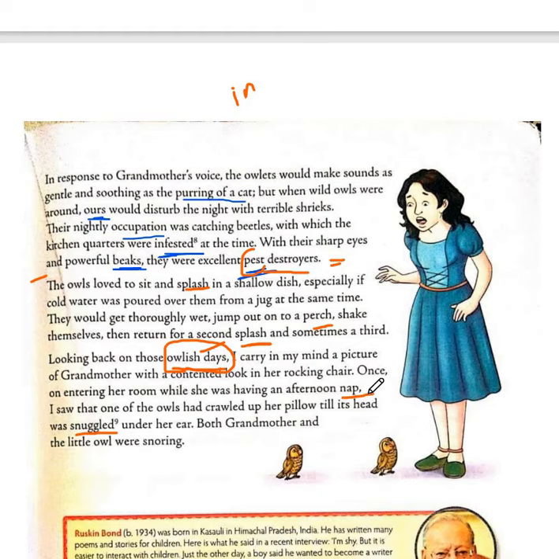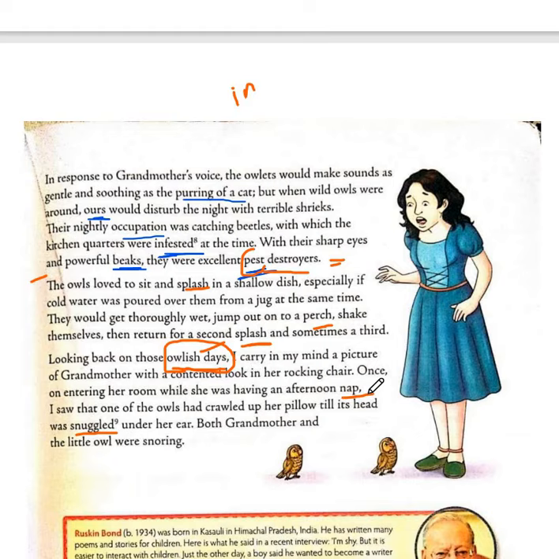So it shows how much fondness grandmother had for them, and how much these owlets also loved her in return. I saw that one of the owls had crawled up her pillow till its head was snuggled. So it kept its head under the ear of grandmother. So it was a kind of love and affection that it used to show towards grandmother.